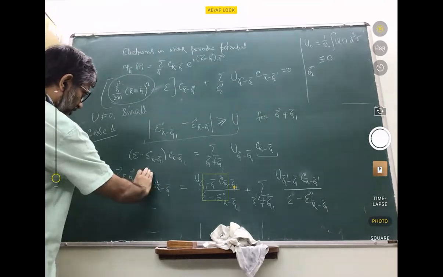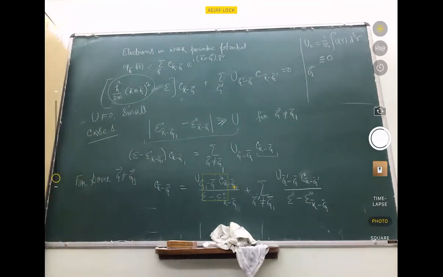So we have a situation where we are looking at epsilon K minus G. The free electron energy at K minus G1 is not degenerate with any other K minus G. So the solution that we have there, the C, is something which is not small.